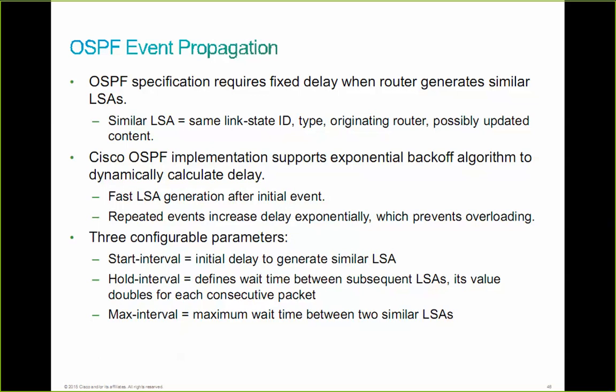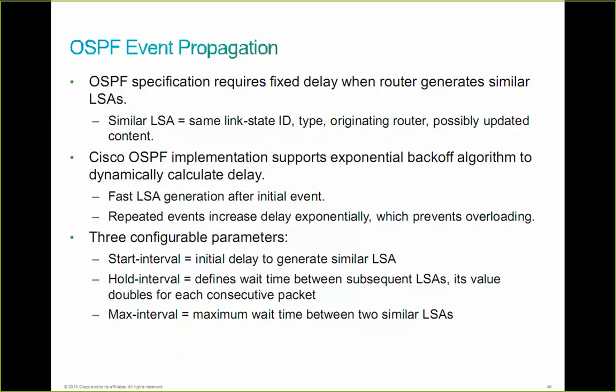So Cisco decided that they were going to try to optimize this behavior. And they did that by implementing an exponential backoff algorithm. What that exponential backoff algorithm does is it dynamically calculates the delay before it generates this similar LSA.